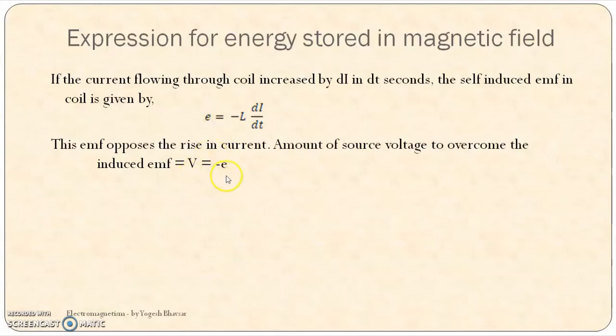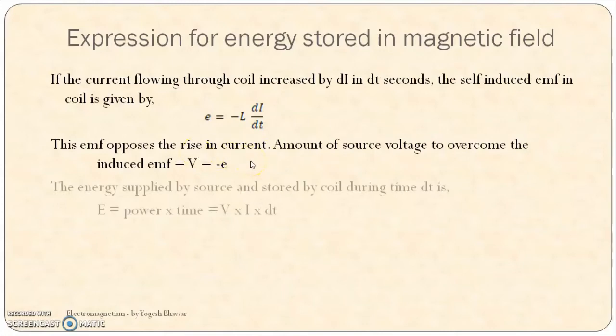So V is equal to minus E. This much voltage has to be supplied to oppose this effect, right? So the energy supplied by the source and stored by the coil during time dt is given by energy is equal to power into time. Power here is the electrical power, so V into I, and time is dt.